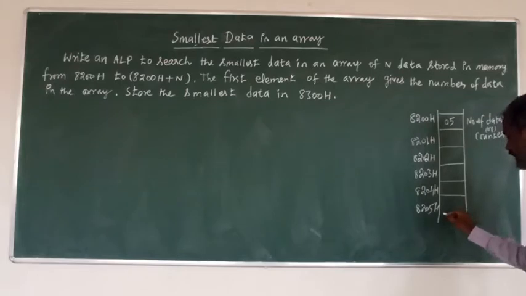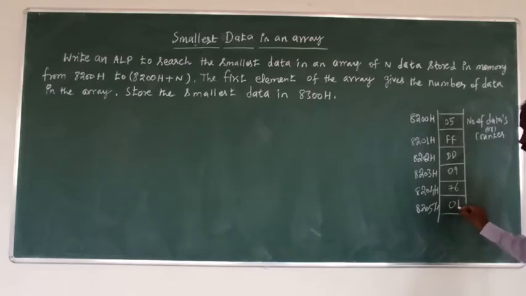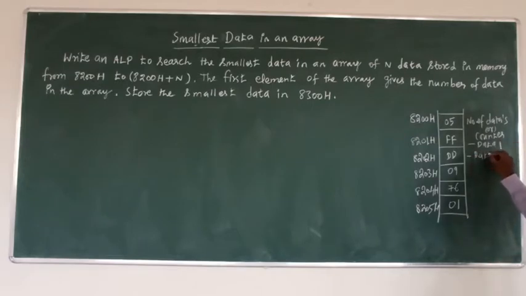Load 5 data: F of, DD, 09, 76 and 01. This is for data 1, this is for data 2, this is for data 3, this is for data 4, and this is for data 5.